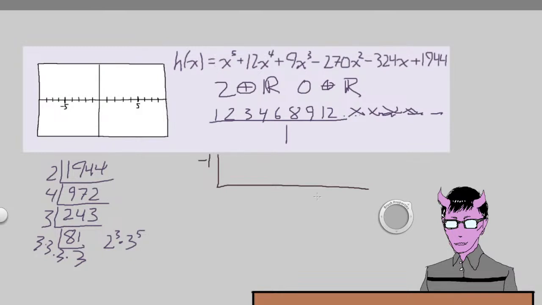Coefficient 1. Coefficient 12. Coefficient 9. -270, -324, and then positive 1944. Alright, so let's see. This -1 probably isn't correct because I don't think it snowballs enough.